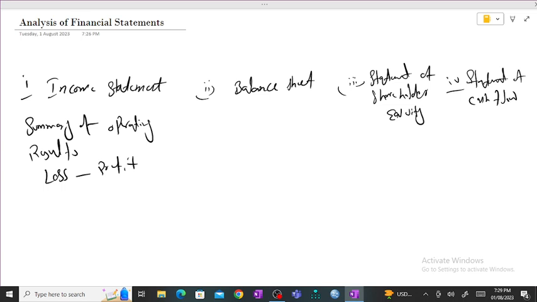Then the next one is the balance sheet. We already have an understanding of the basic ideology of the accounting equation: assets is equal to liability plus owner's equity.